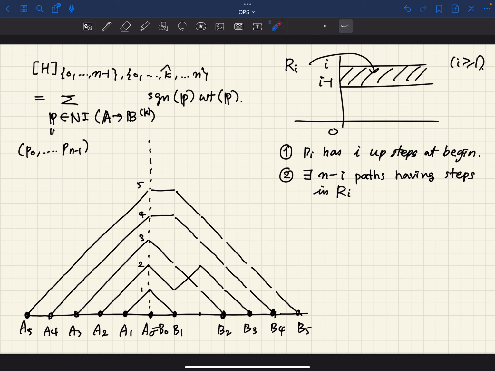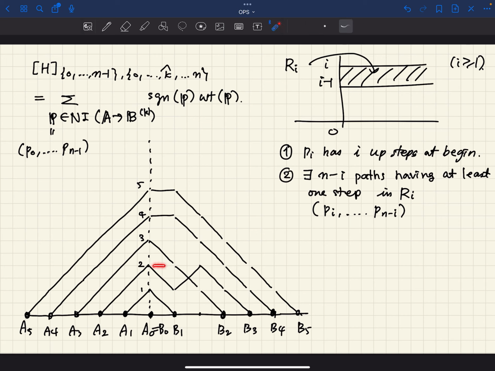So for example here, at least one step in these, which are basically P_i up to P_{n-1}.